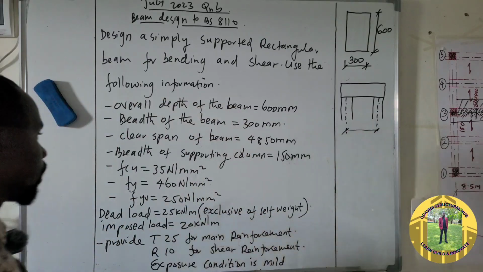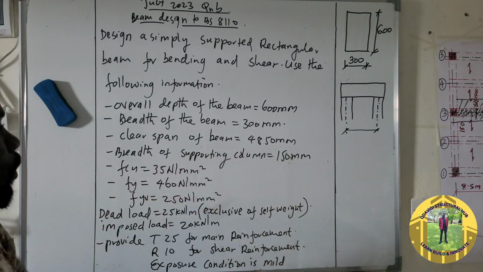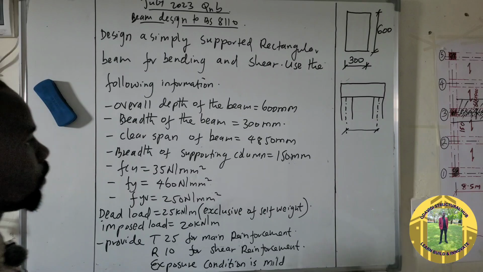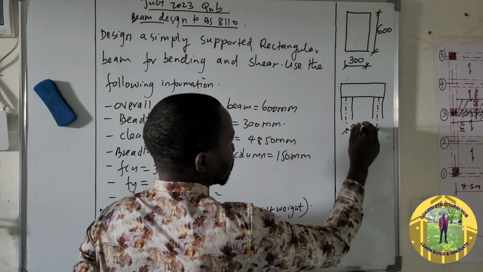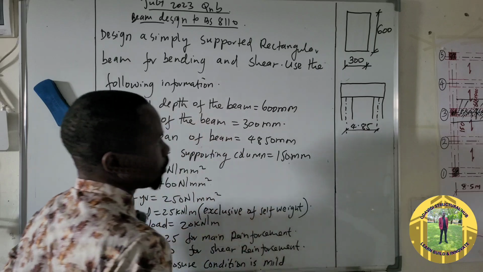So this is the clear span, which is 4850, so 4.85.